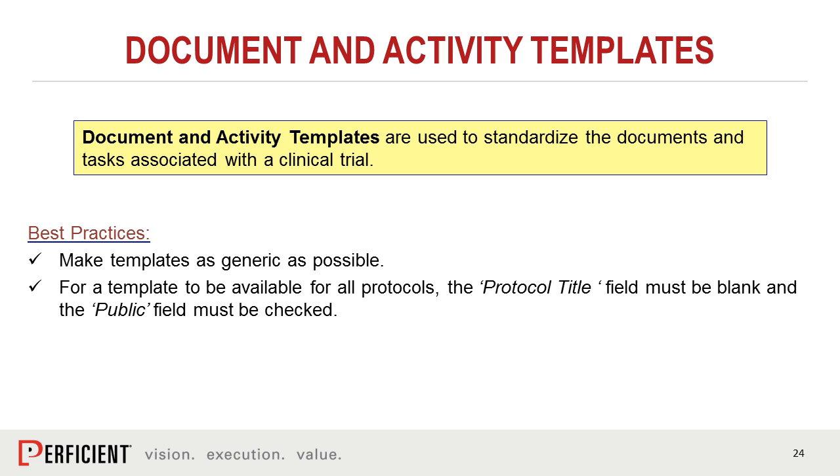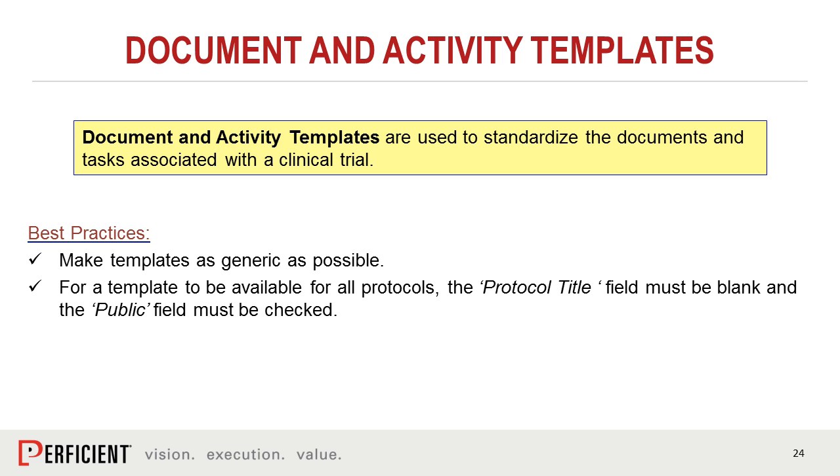As you may know, document and activity templates are used in Siebel Clinical to standardize the documents and tasks that are associated with a clinical trial. Again, always attempt to make these templates as generic as possible, based on some standard SOPs, instead of making them protocol specific.